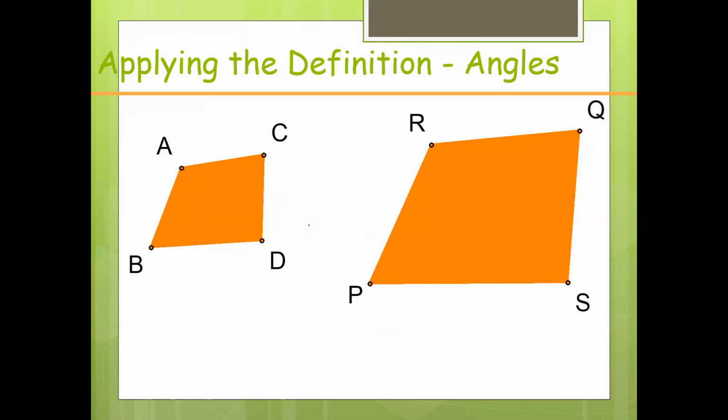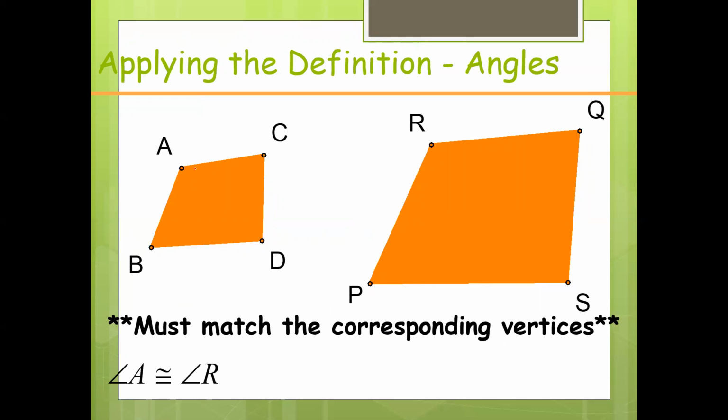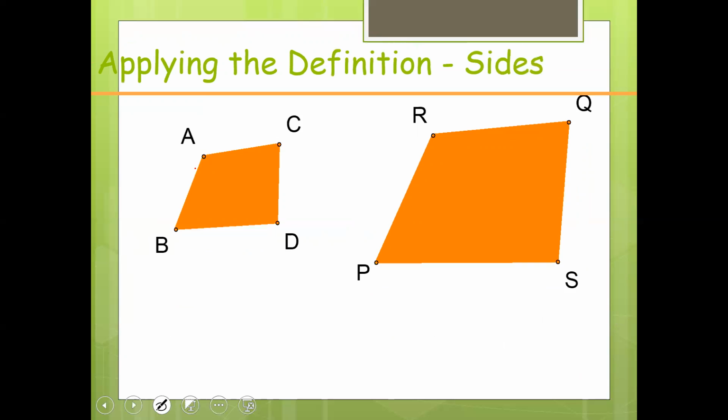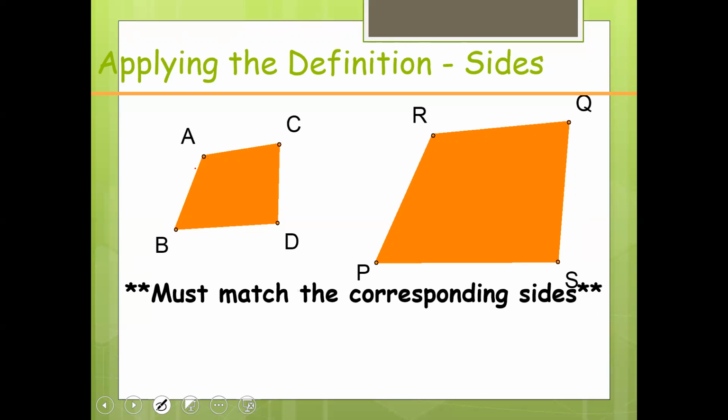So applying the definition, angles. Corresponding angles: angle A corresponds to angle R, and then angle B corresponds to angle P, angle D corresponds to angle S, angle C corresponds to angle Q, right? Applying the definition, sides: AB corresponds to PR, RP, sorry.